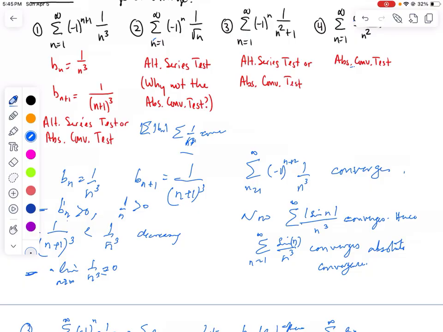Or we can first use the alternating series test, which I have done here. So bn is 1 over n cubed. bn plus 1 will be 1 over n plus 1 cubed. Then bn is greater than 0, of course, because n is starting at 1 and going to infinity.